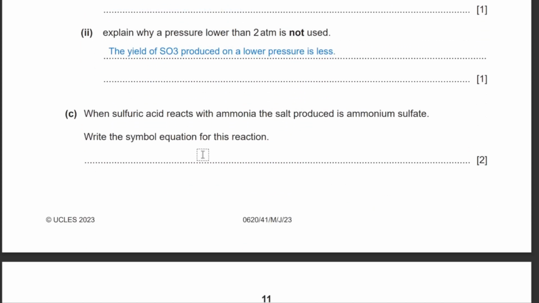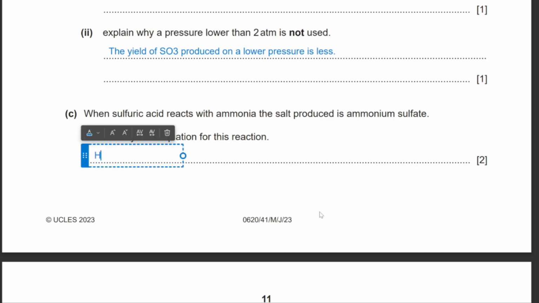Coming to part C, when sulfuric acid reacts with ammonia, the salt produced is ammonium sulfate. Write the symbol equation for this reaction. Alright, so it's sulfuric acid reacting with ammonia.